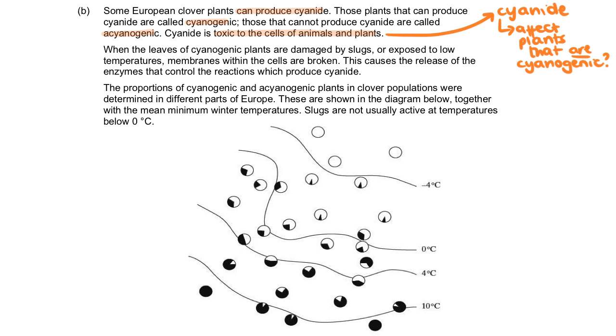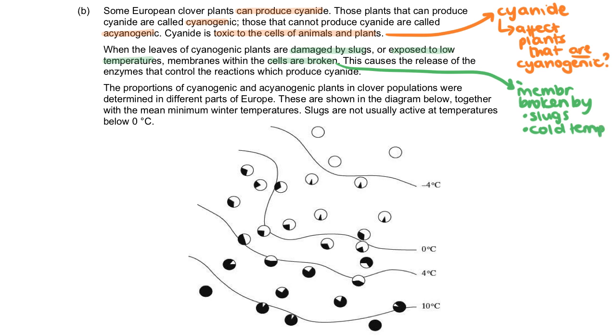Okay, second paragraph. When the leaves of cyanogenic plants are damaged by slugs, okay, so now we're thinking about slugs, or exposed to low temperatures, membranes within the cells are broken. So, next point: membranes broken by slugs or cold temperatures.